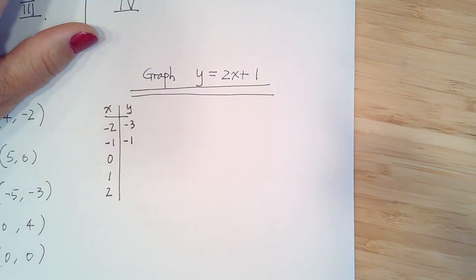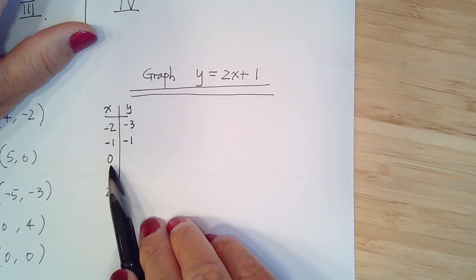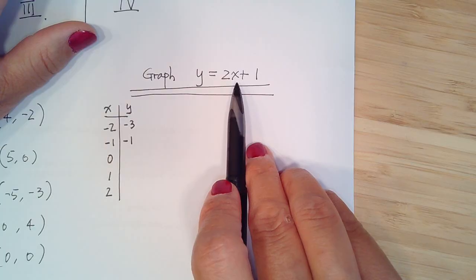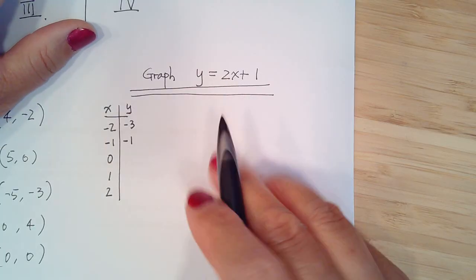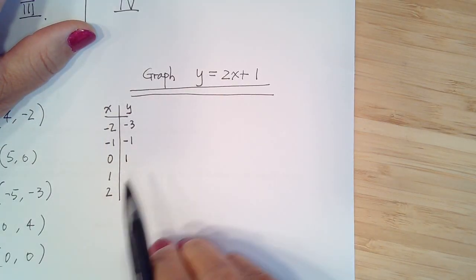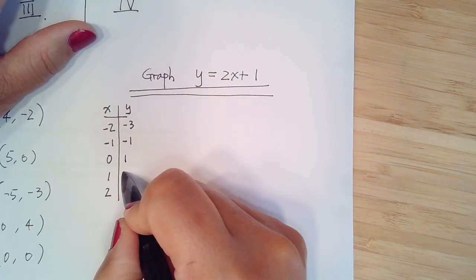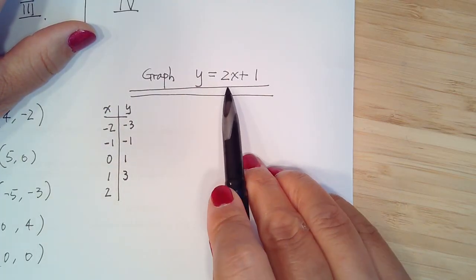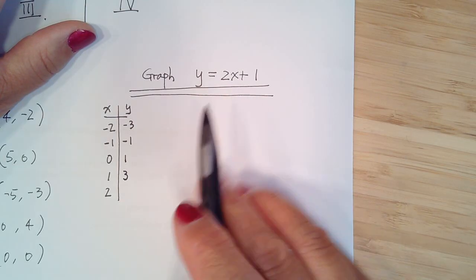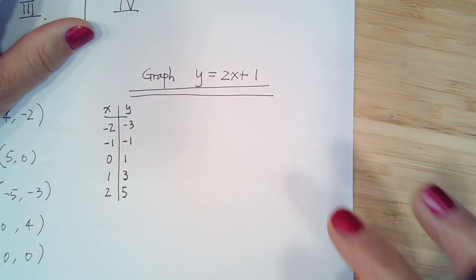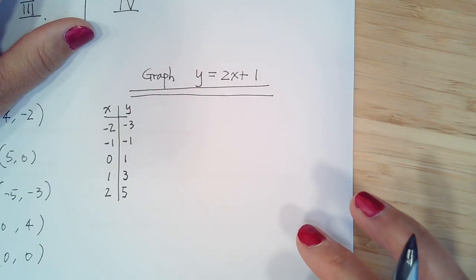All right, and x equals 0: substitute x by 0, which is 2 times 0, which is 0, plus 1, so that's 1. And x equals 1, 2 times 1 is 2, plus 1 is 3. And when x equals 2, 2 times 2 is 4, 4 plus 1 is 5. All right, so I picked 5 x values, and I get 5 corresponding y values.